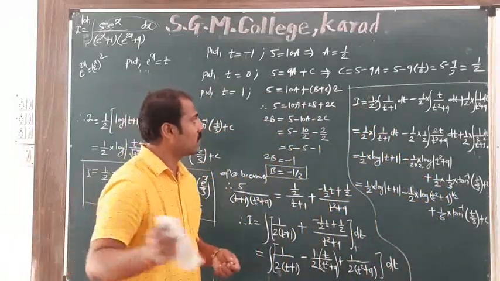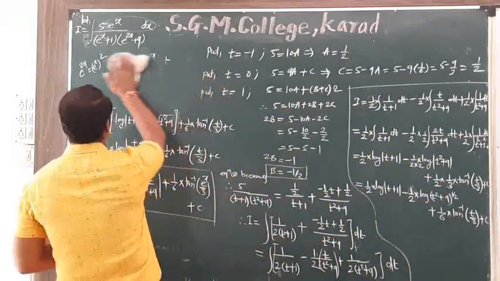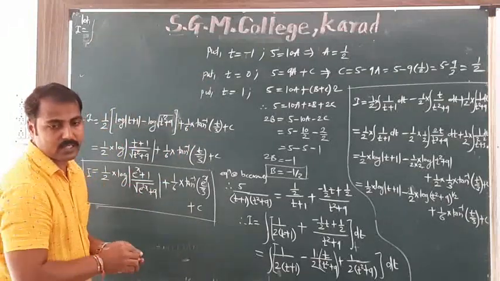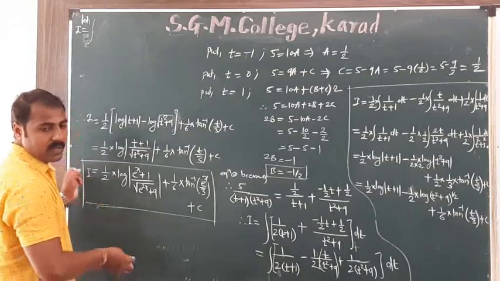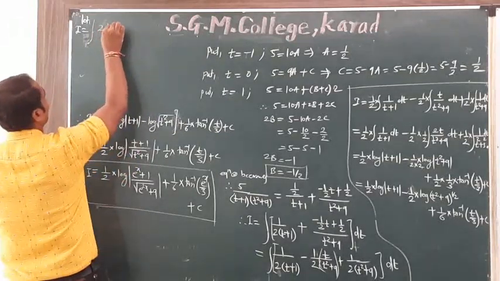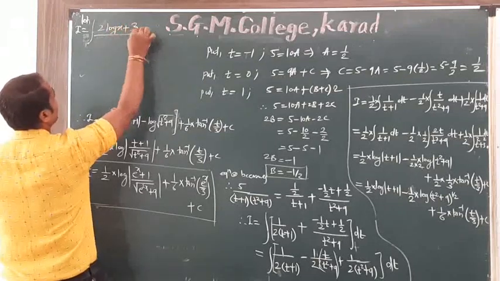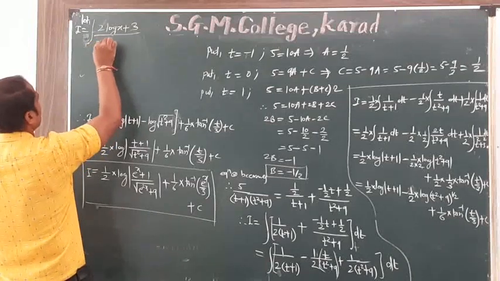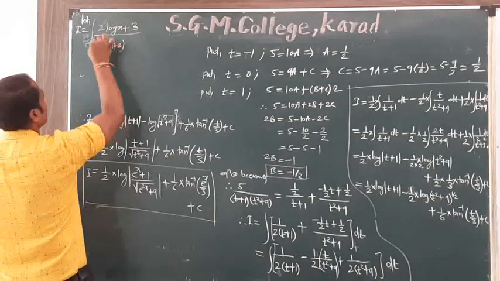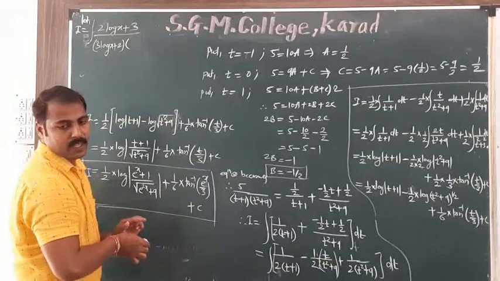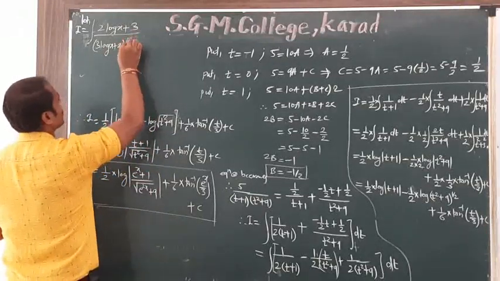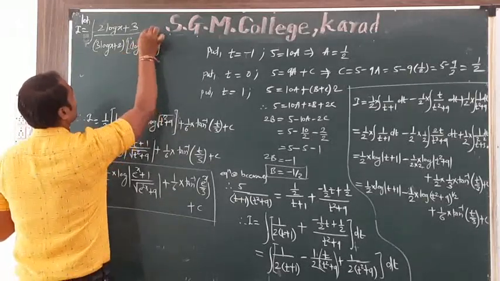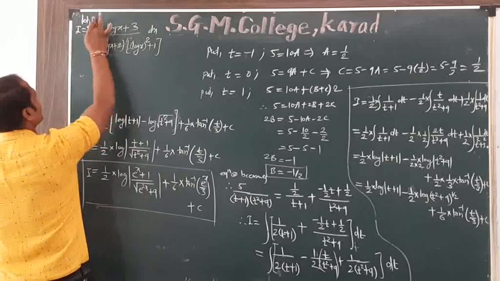You solve one example for homework. Evaluate the integration of 2 log x plus 3 divided by x into 3 log x plus 2 into log of x bracket square plus 1 dx, and here is the term x.